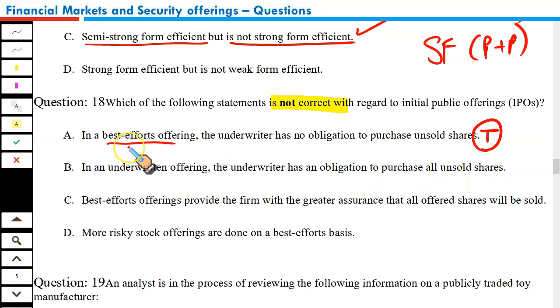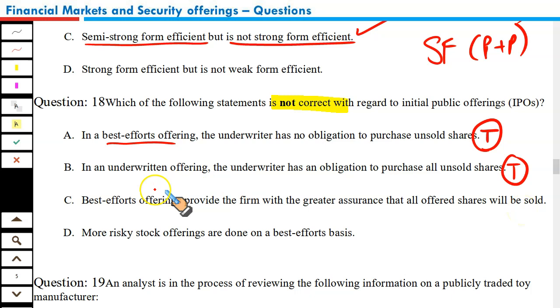Yes, in a best efforts offering, you are only obligated to sell whatever you can, and you are not responsible for the rest. But in an underwritten offering, you are undertaking that if the sale is not made, you will be responsible to take on all the shares. So this is a true statement as well. C. Best efforts offerings provide the firm with greater assurance that all offered shares will be sold.